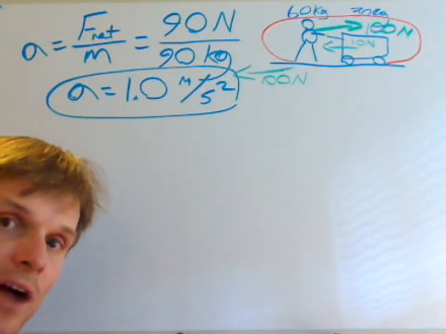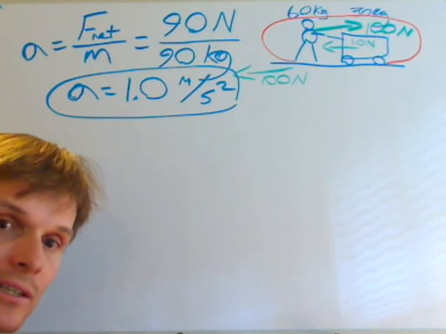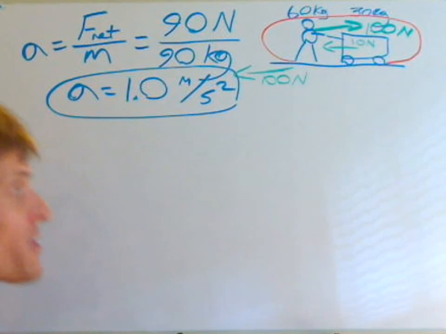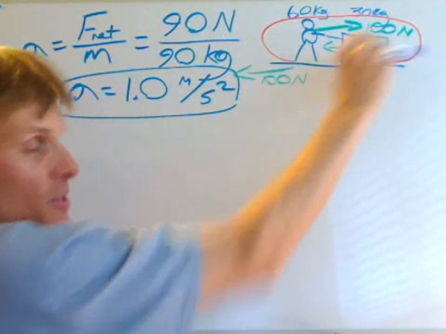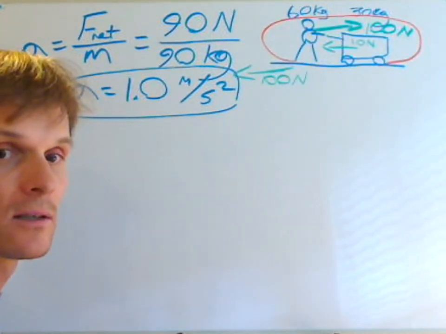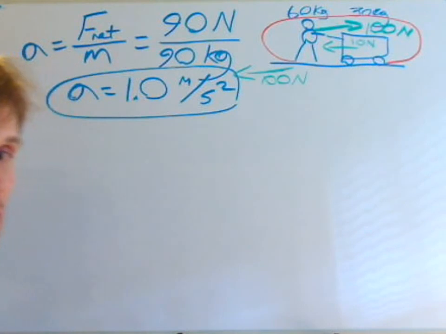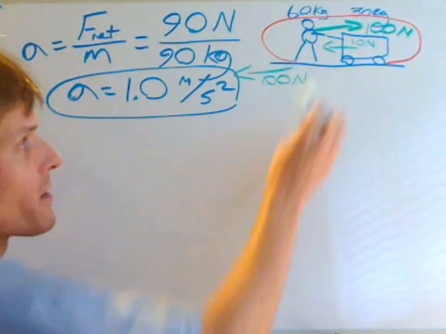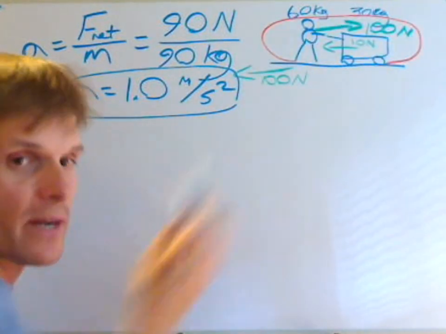Now the second part of the problem asks a slightly trickier question. The second part of the problem asks what is the force with which the shopper is pushing on the cart? Okay? Now that's a little bit different question. And we really can't answer that question with the system we're considering up here.